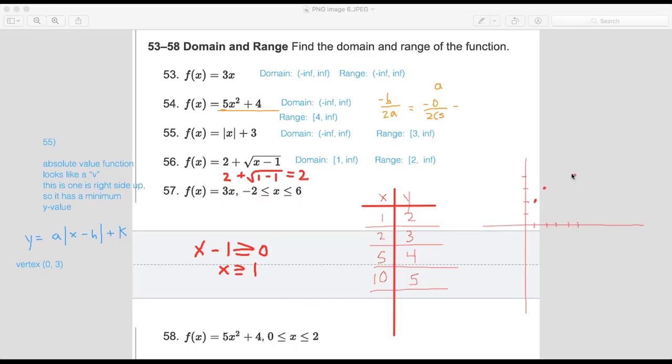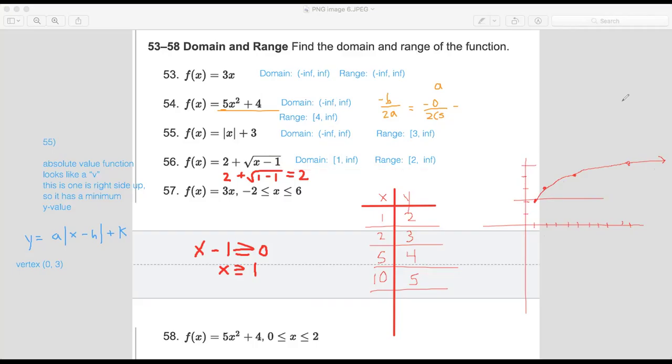All right, so you see the shape here, like this. So the x values start at 1 right here and go to infinity. Y values start at 2 and go to infinity, which is what we're expressing right here.